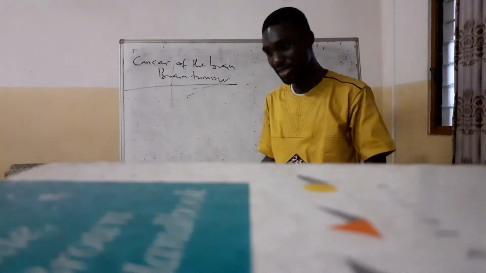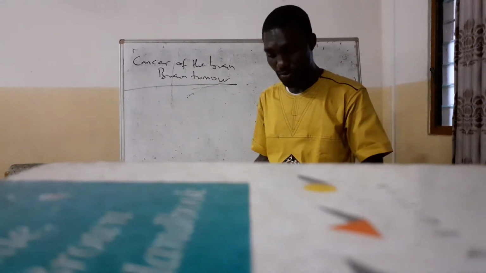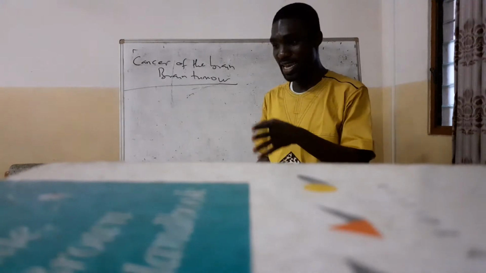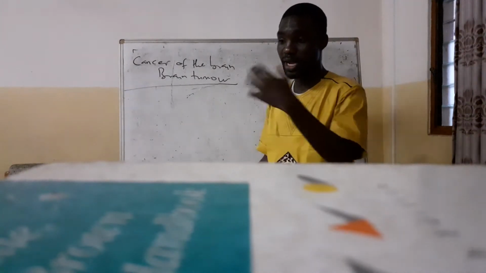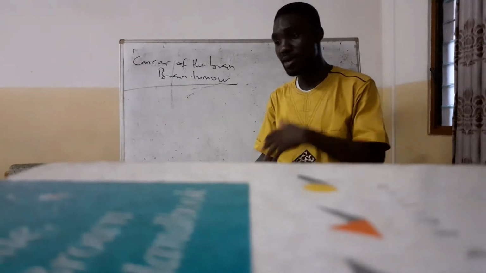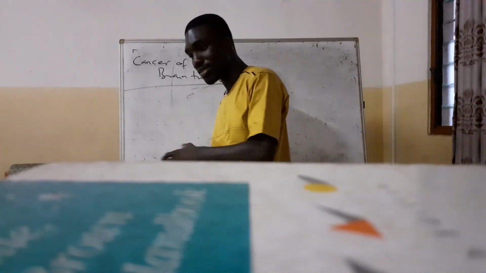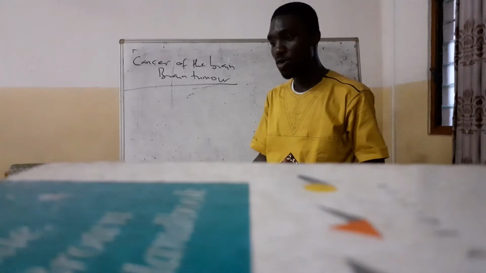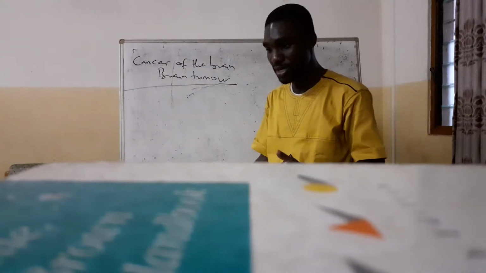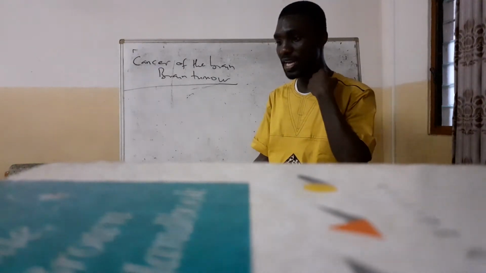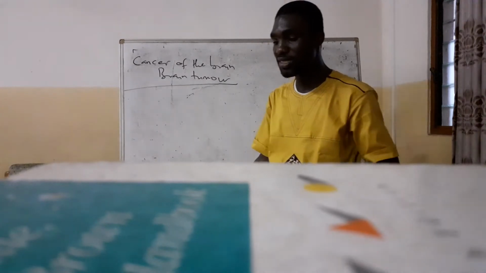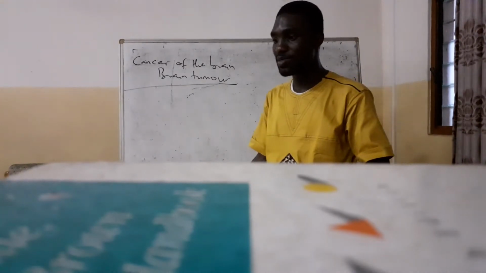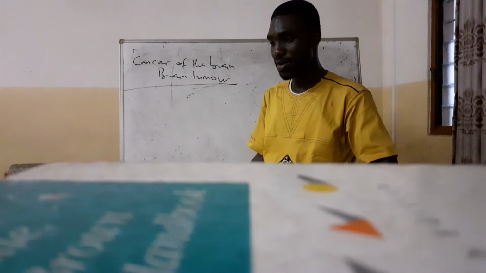Anywhere you meet it, it's an abnormal growth of the cells, but now we are talking about cancer of the brain. So it's abnormal proliferation of the brain cells. It is also defined as an abnormal growth of the brain tissues occupying space in the skull.